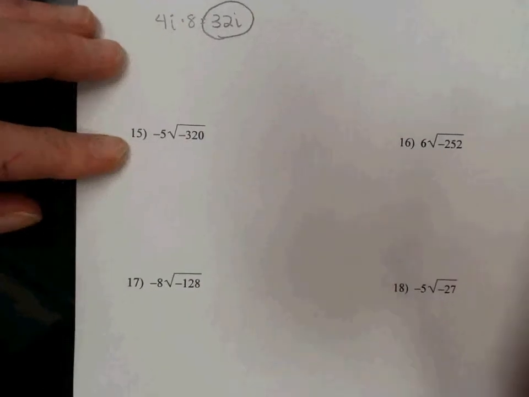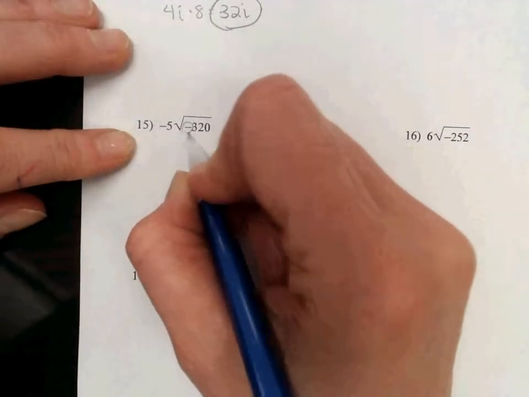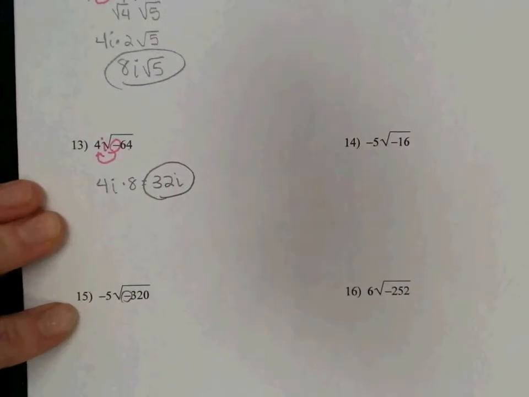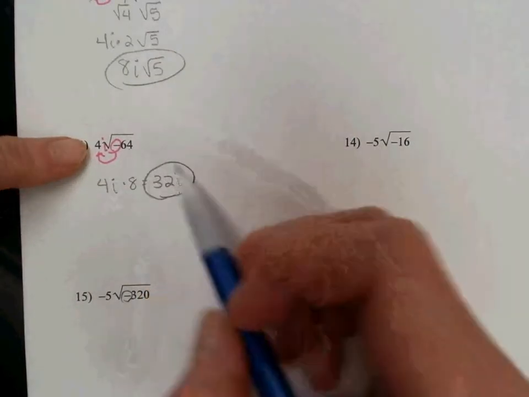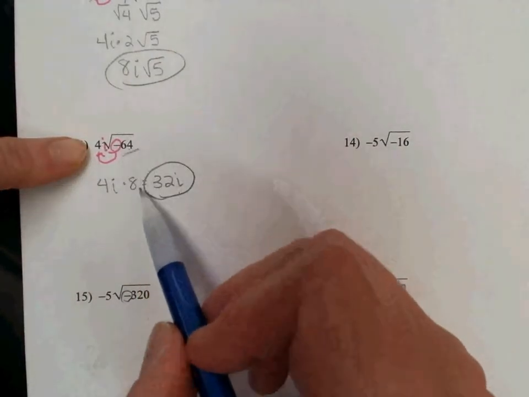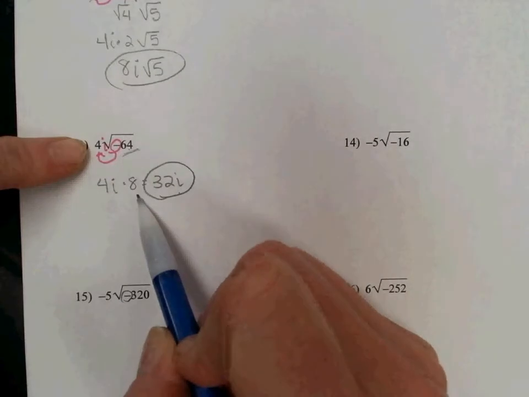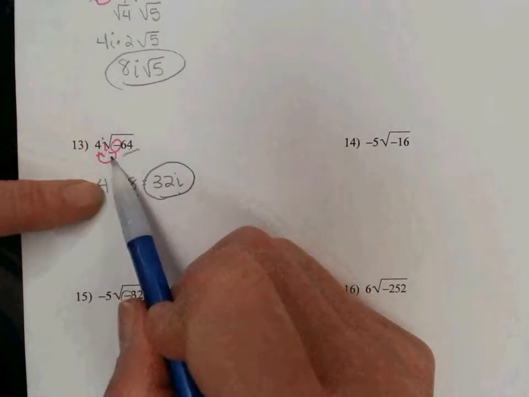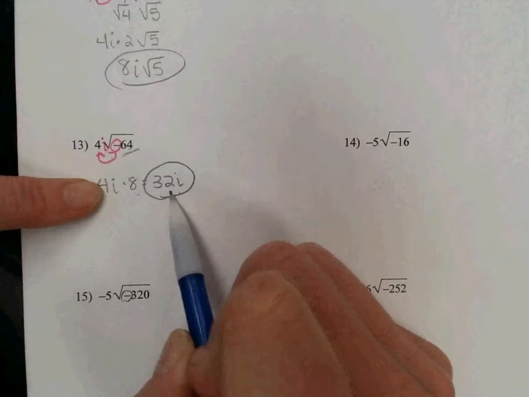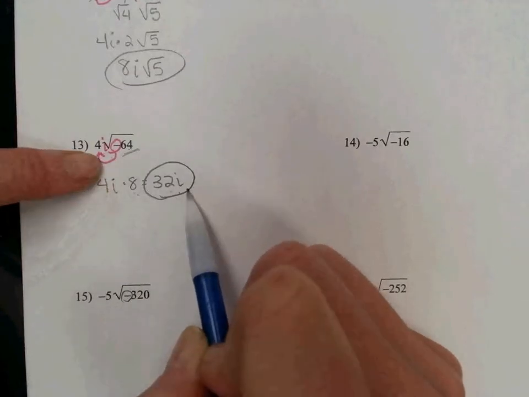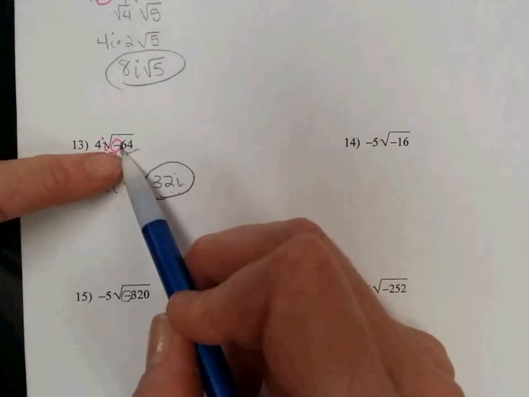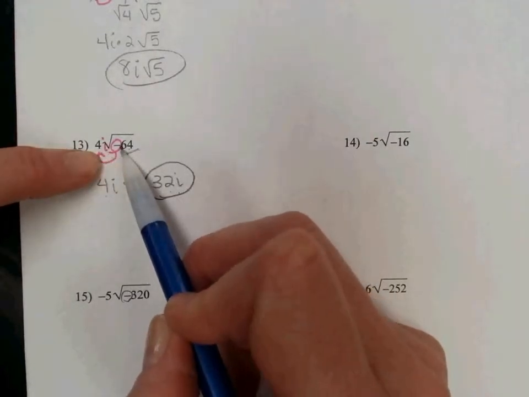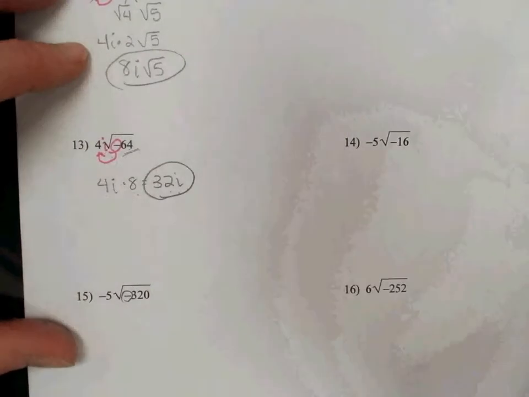Here, I had the square root of 64 was 8, right? And I already had the 4i on the outside. So 4 times 8 is 32. And I have to have the i because there was a negative underneath the radical. Okay. Got it?